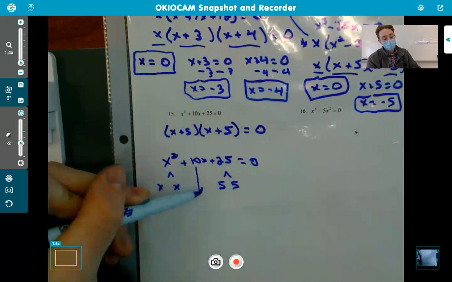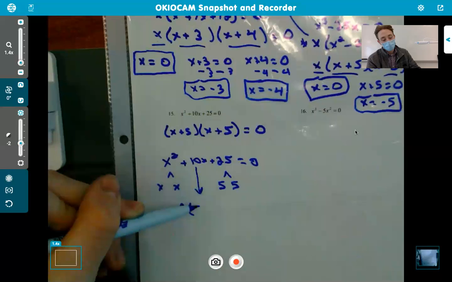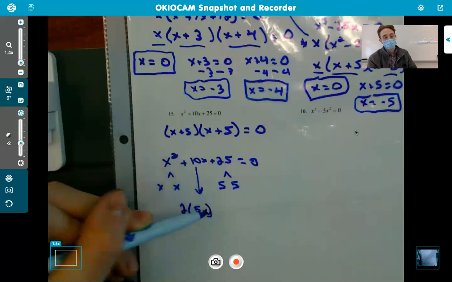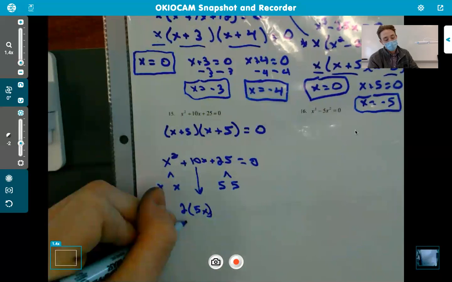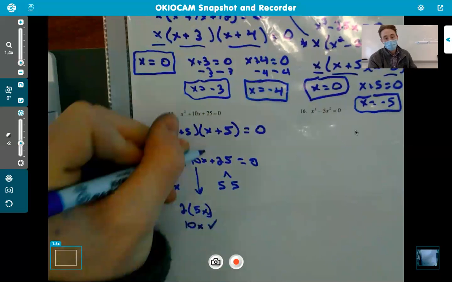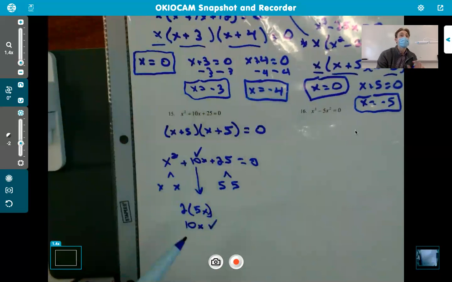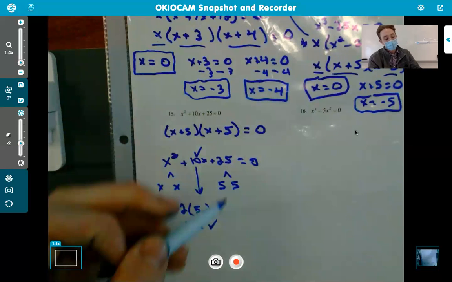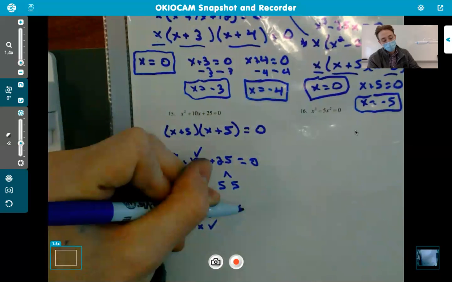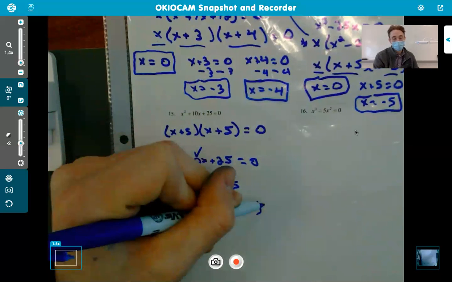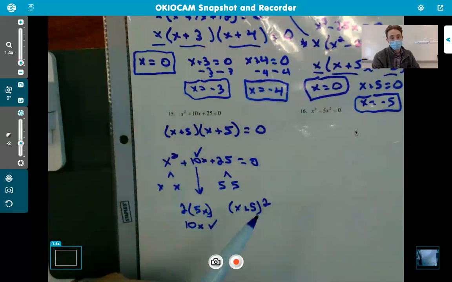Remember that if I want to check my middle term, it needs to be 2 times the product of those individual terms. So 2 times 5x, that gives me 10x. And I can just immediately write my answer without really thinking about product or adding up to get this middle term. I can write my answer as x plus 5 quantity squared, which is the same thing I get by factoring normally.